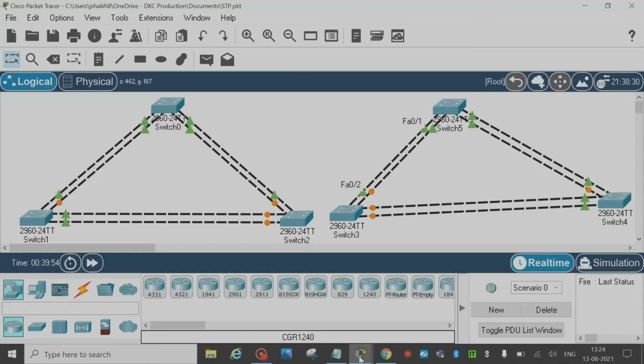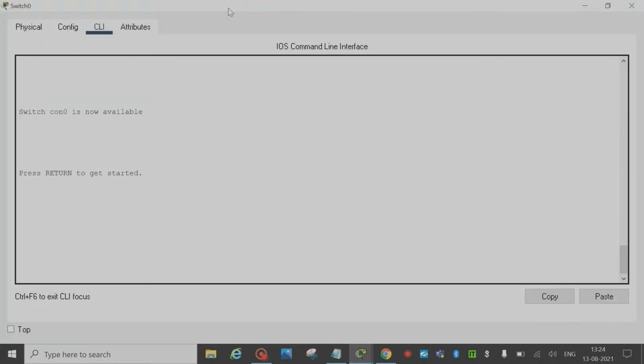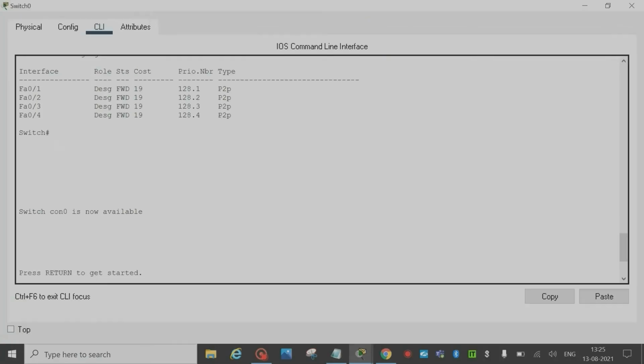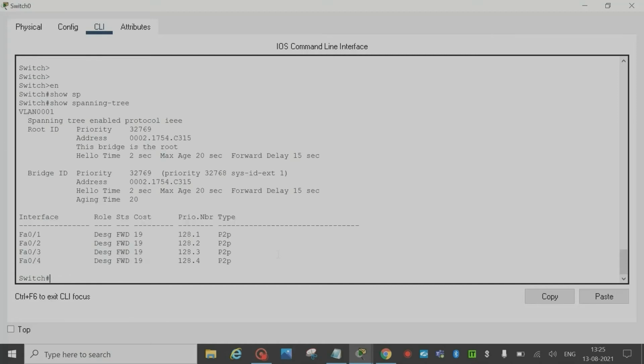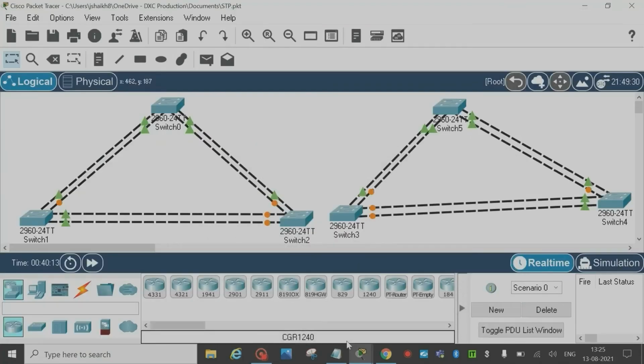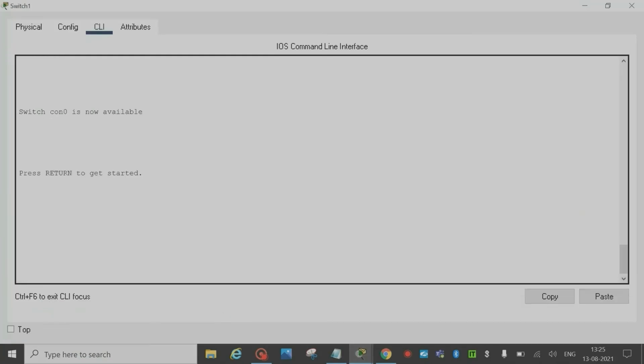Now let's go into the CLI and see. Show spanning-tree. We can see all the ports are designated, which means this is the root switch, switch 0. Now switch 1, show spanning-tree.